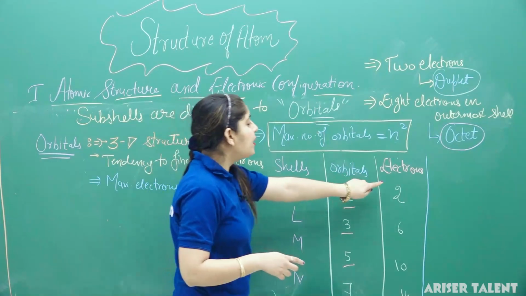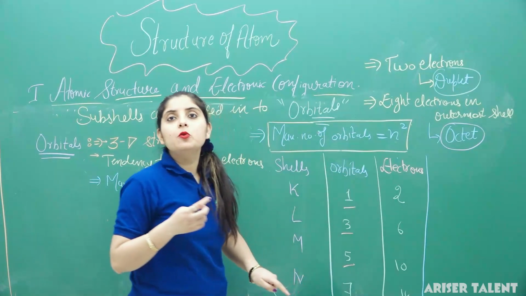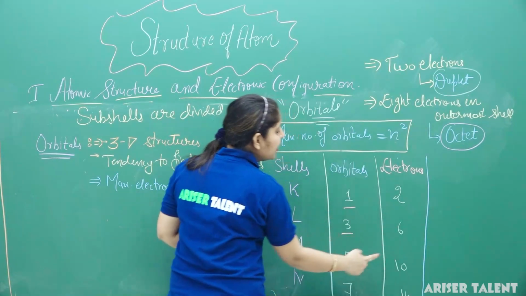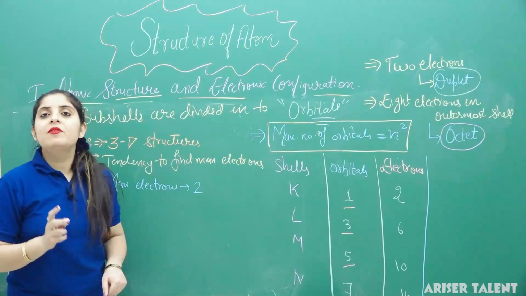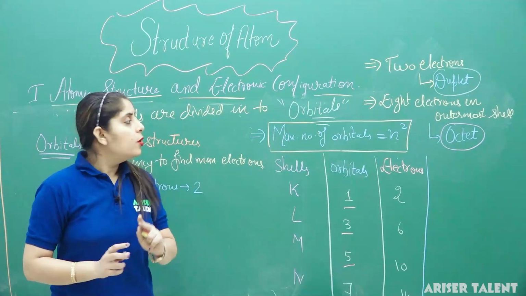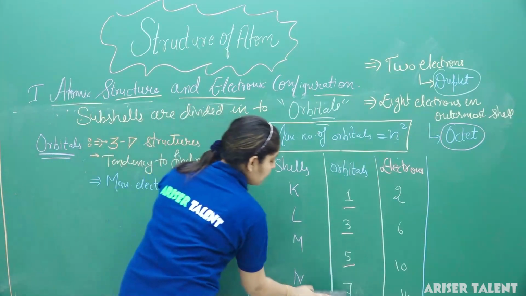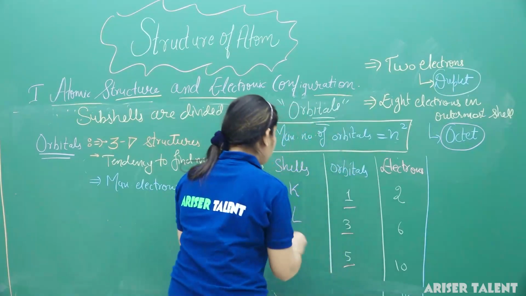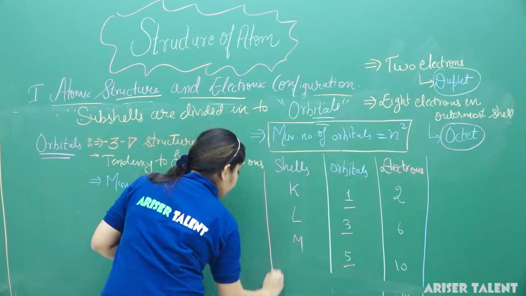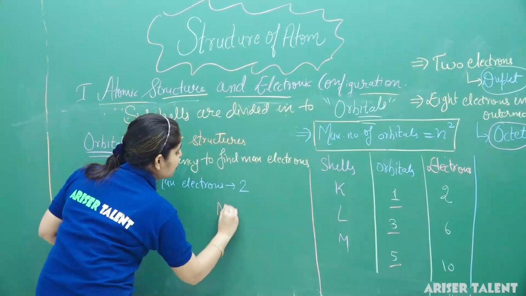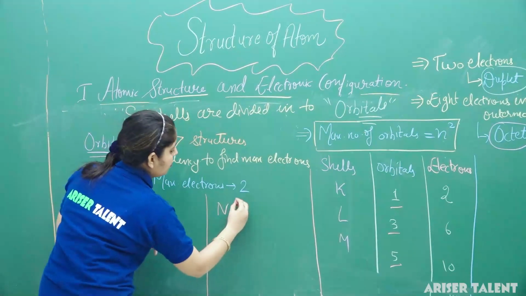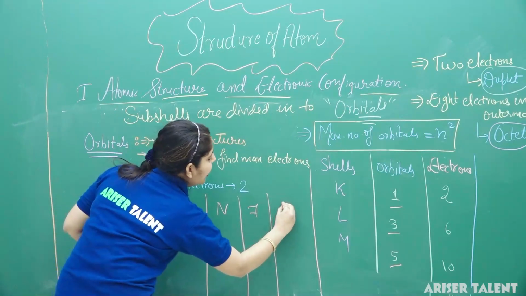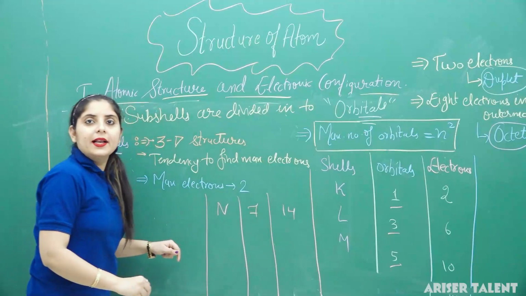And if we want to calculate the electrons in it, again we will use the formula, that is 2n square. So it will have double the electrons of each orbital, and each orbital will carry a maximum of only 2 electrons. So for n shell, I am writing the formula here. For the n shell, we have 7 orbitals and it can accommodate a maximum of 14 electrons.